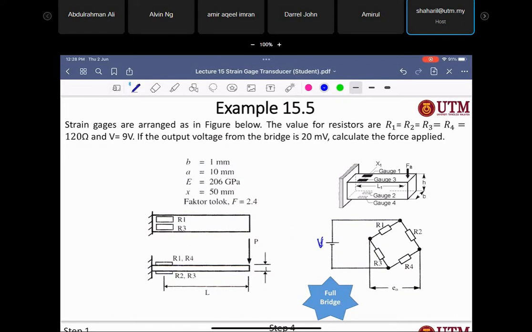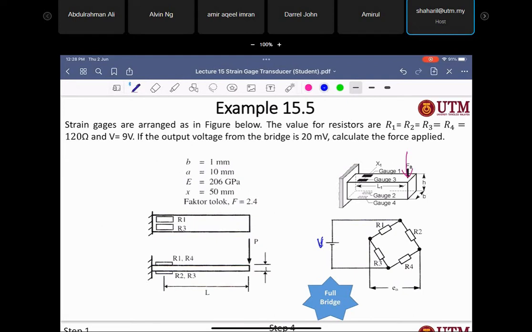Okay. So if you look at this one, when you apply all the strain gauges like this one, right? So when you apply the force in this direction, you will see that all the strain gauges are active, right? So there is no dummy strain gauge in this case. So that means the delta V for this case is the delta V full.